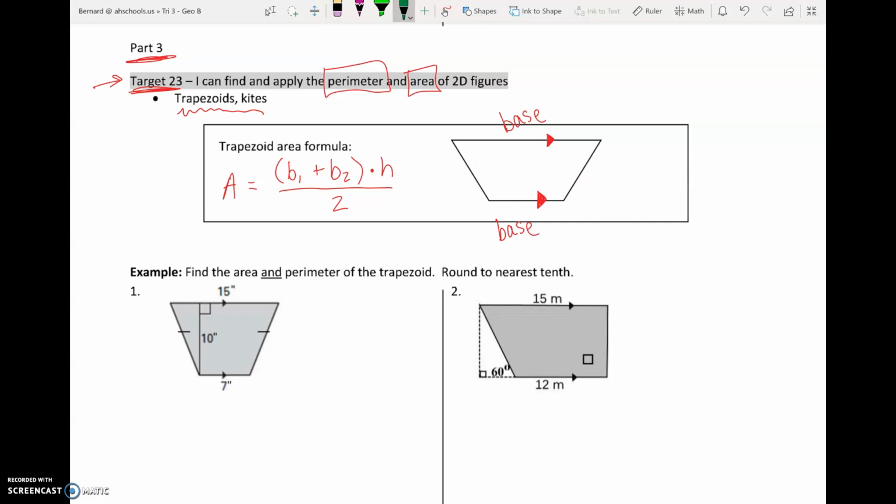So our height is one of these imaginary lines that we drop down from one of the corners, and it hits the other base and creates a 90-degree angle. That is what we consider our height. So we take our two parallel sides, add them together, multiply by our height, and whatever we get, we divide by 2, and boom, there's our area.